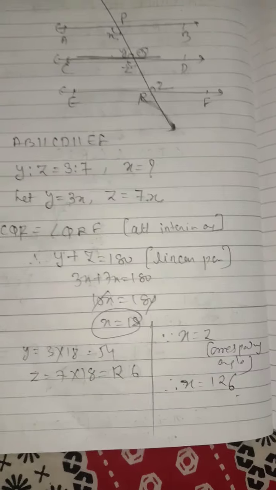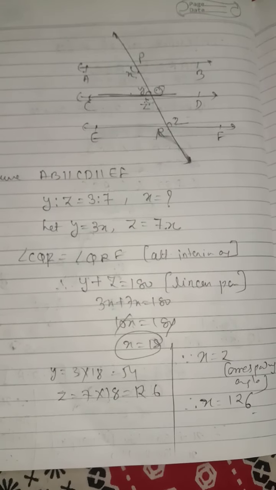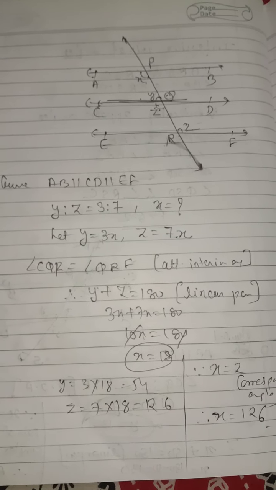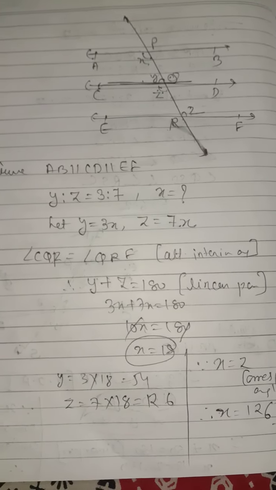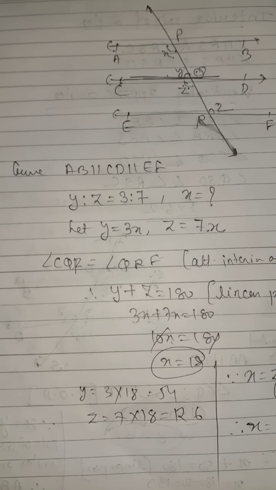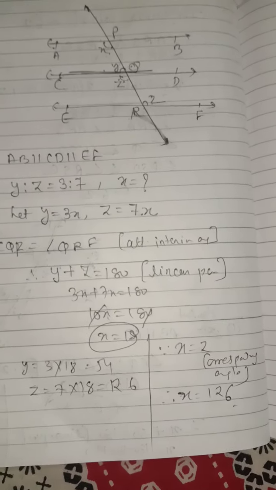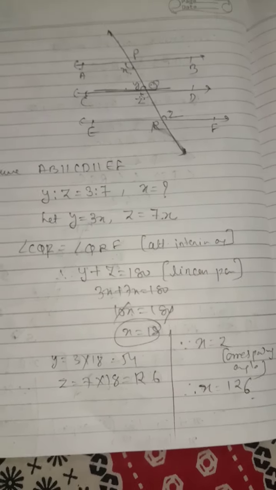We'll come to know how to solve. Clear? It is 126. So in this way we have to use identities, and we have to solve the numerical.